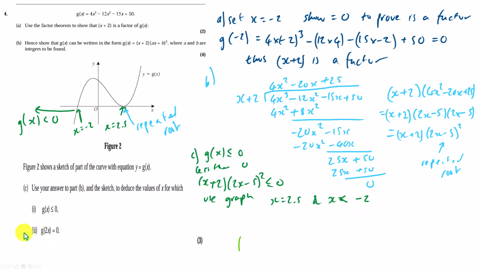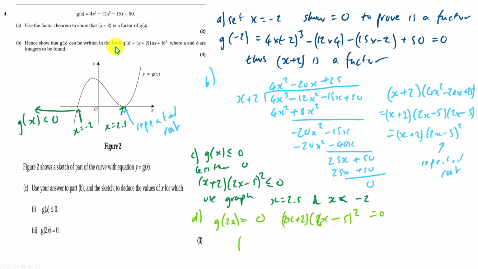Part 2 is understanding and application of graph transformations. Now inside the bracket we solve for x and we do the opposite, so that must mean all the x values are halved, which means essentially you would substitute 2x into your equation here to get a bit more understanding.